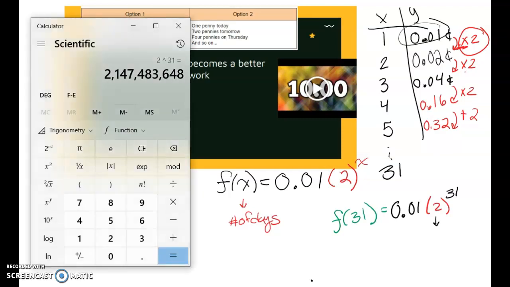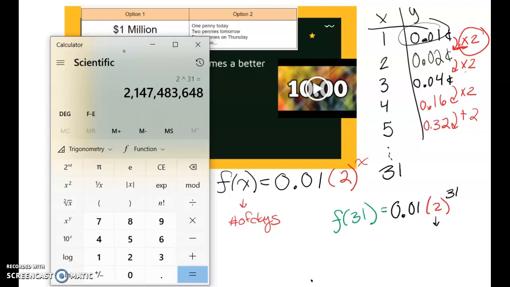As you can see right here, that's more than my $1 million. And if I multiply it by 0.01, it's still more than $1 million. So now think about this. Would you want to change your mind? Would you just want $1 million right then and now, or do you want to wait 31 days to accumulate more than $1 million?